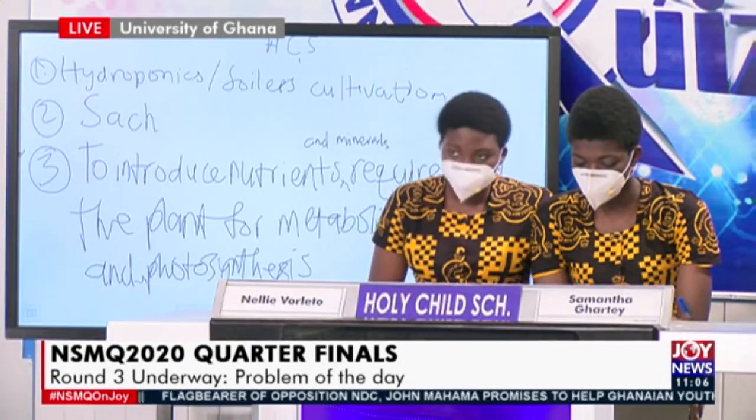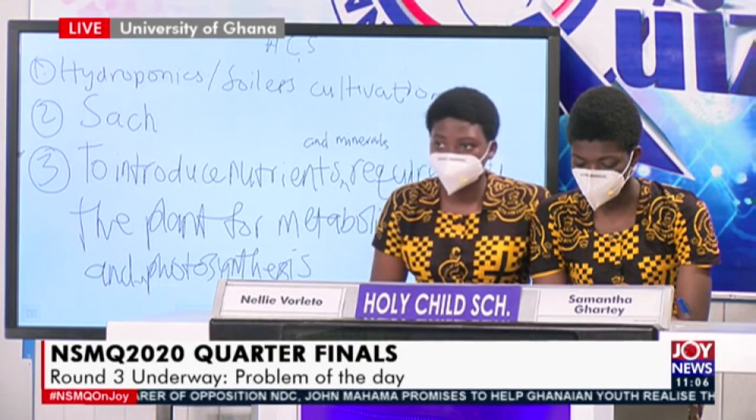The contestants have presented their answers. Before I award the points, let's look at the suggested solution from the consultant. This is a problem in biology. So we are provided with this beautiful diagram. It's an annotated diagram with a plant that is growing in a liquid medium, a solution.